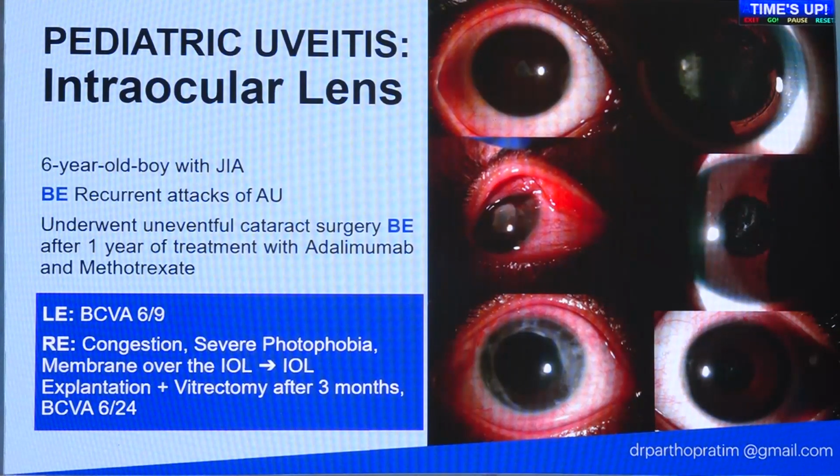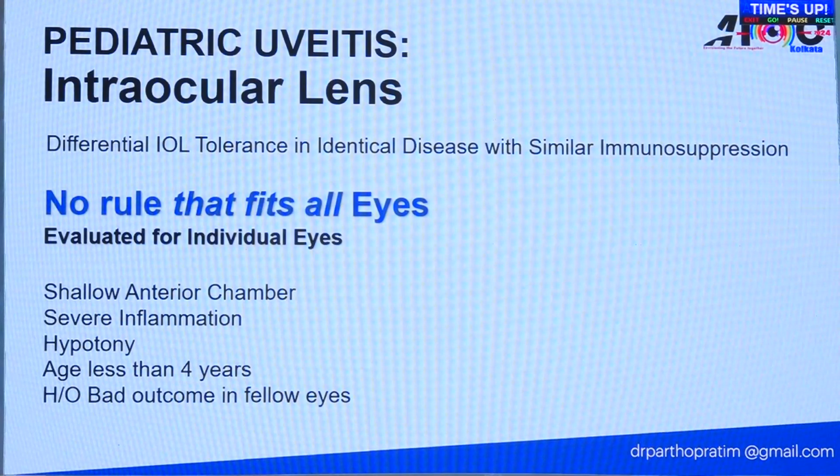This is a very important lesson we learned: differential IOL tolerance in identical disease with similar immunosuppression. One year of adalimumab and methotrexate, the same disease, but one eye tolerated the lens, whereas in the other eye we needed to explant it.